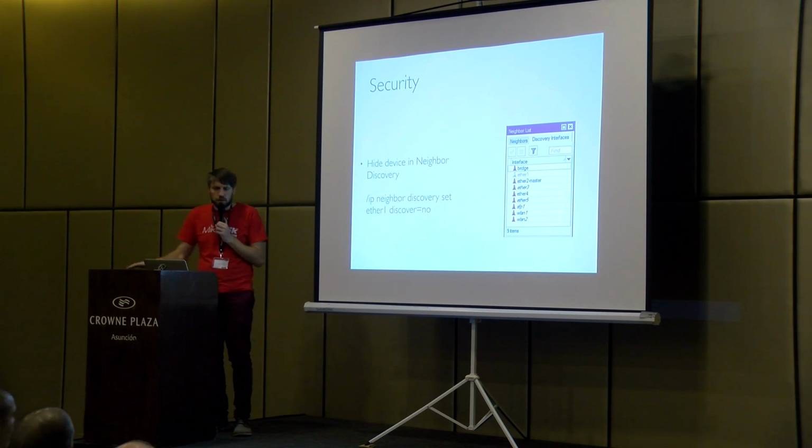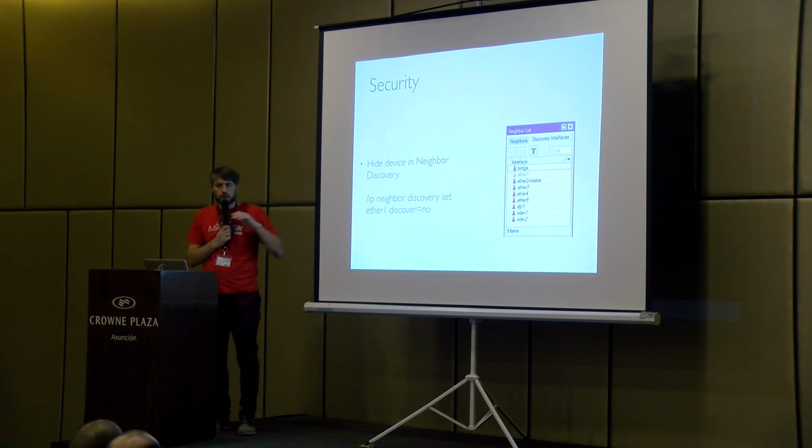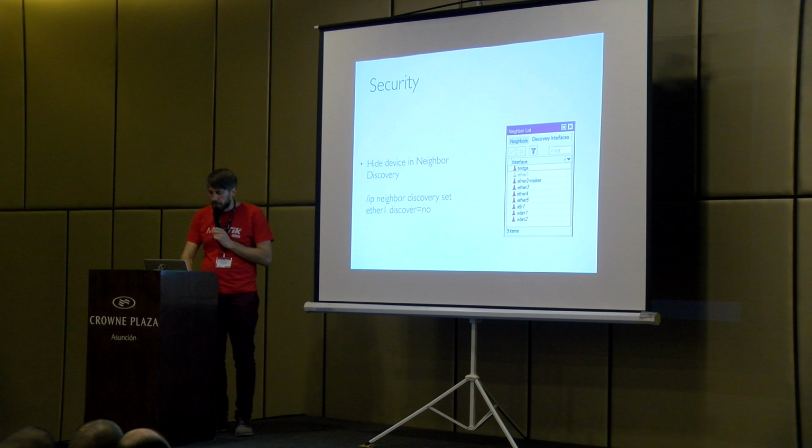But if you have your router in a public network, you can consider to disable it on the public interface. And if you don't trust your local users, you can do the same for the local interface. Usually the router will have in IP neighbor discovery all that list of the interfaces, and you can disable neighbor discovery on a specific port.